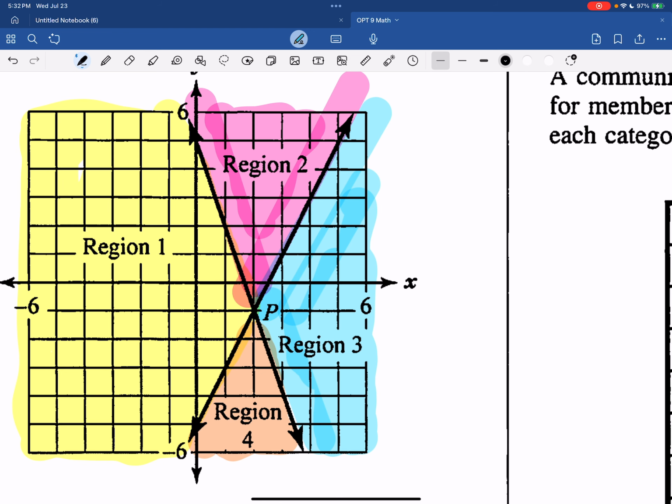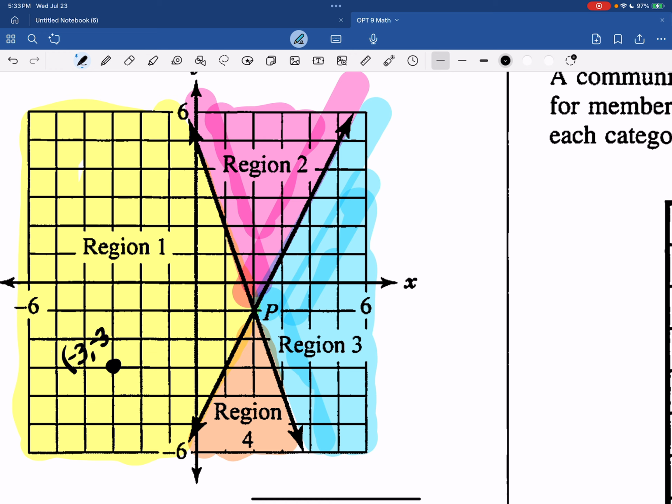I think in region 1, I'm going to go back 3 and down 3 from origin. So back 3, down 3, I'm going to put a point right here. And I'm going to actually draw that in and call it (negative 3, negative 3).